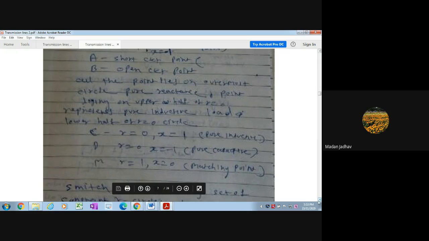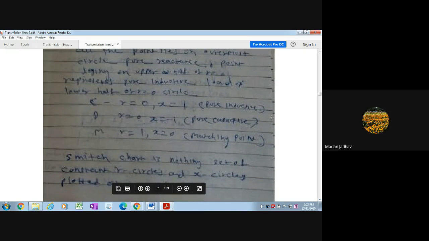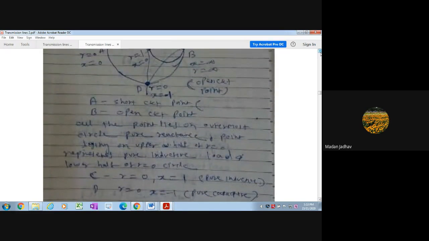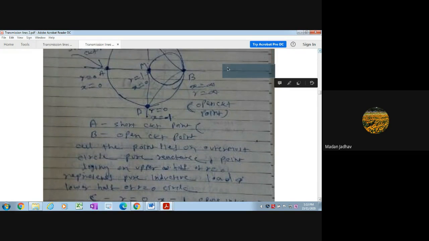X is equal to 0 is the horizontal straight line across the Smith chart, and R is equal to 1 is this circle. This is the R is equal to 1 circle, and this is the reactance line, and therefore the intersection point is this one, the matching point. R is equal to 1 and X is equal to 0.